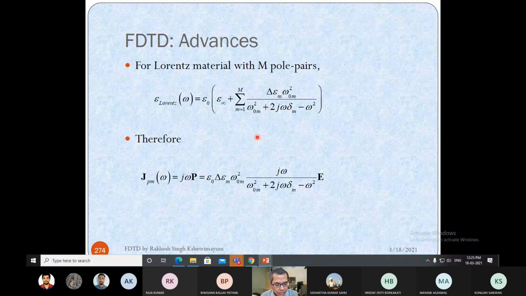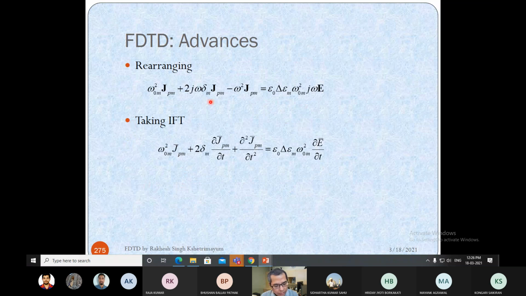Epsilon 0 delta epsilon m omega naught squared m divided by this denominator term, times the electric field, gives you the polarization field. The j omega term is already there because we're considering polarization current. If you rearrange the terms, this is what you get. On the left hand side you have a term with j omega, and the right hand side also has a term with j omega. That means these are time dependent terms when you take the inverse Fourier transform.